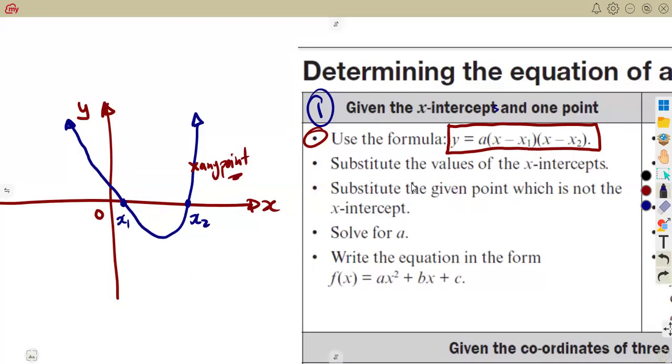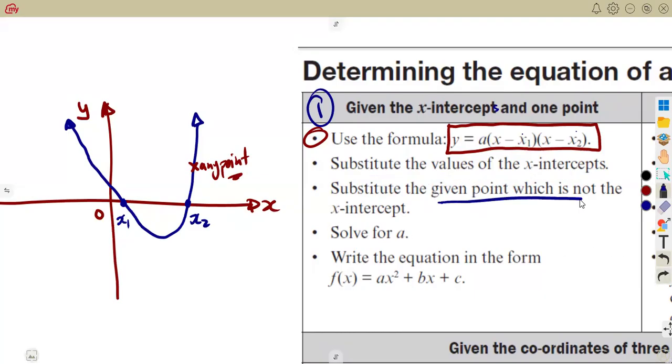So take note, we are going to substitute the values of the x-intercepts in place of x1 and x2 there.